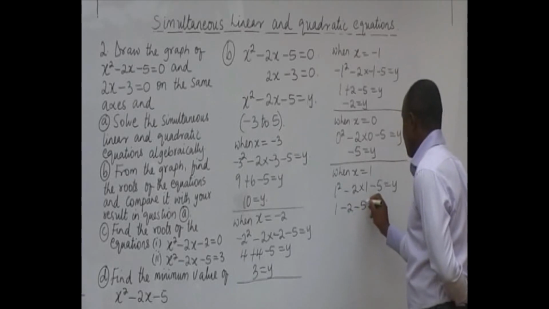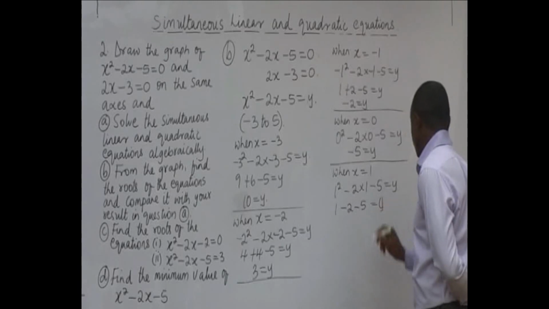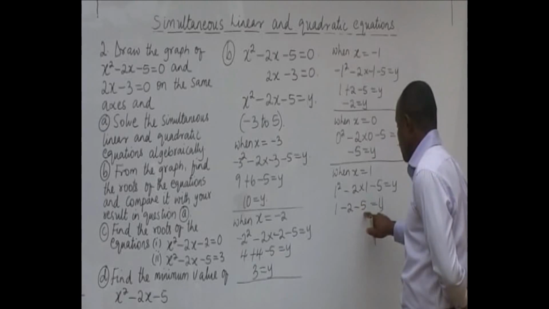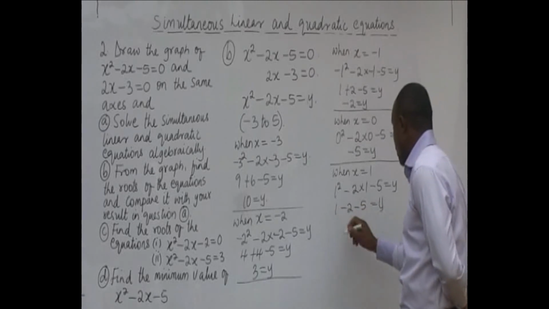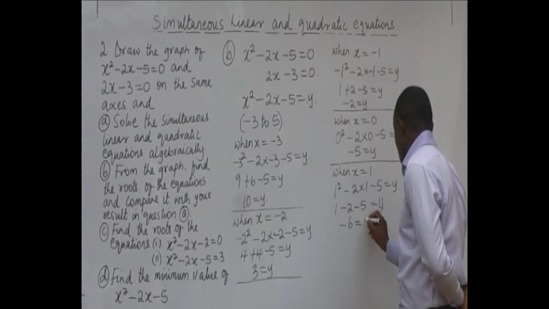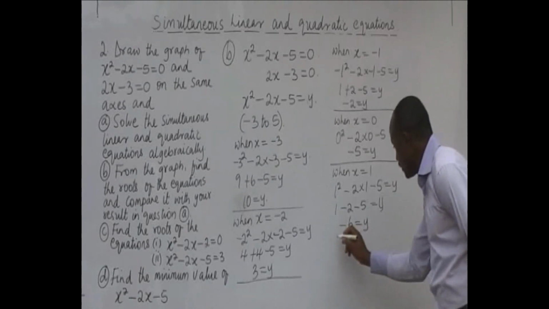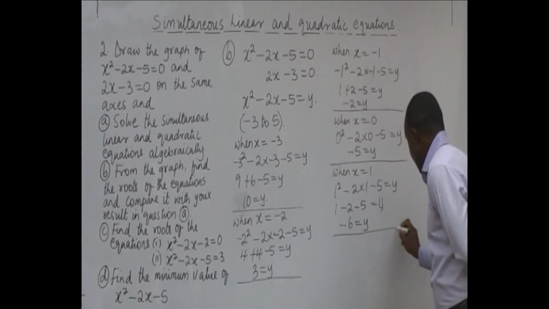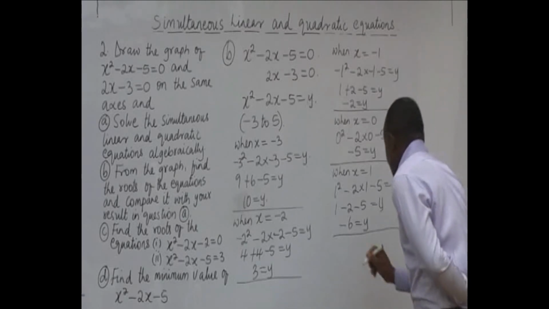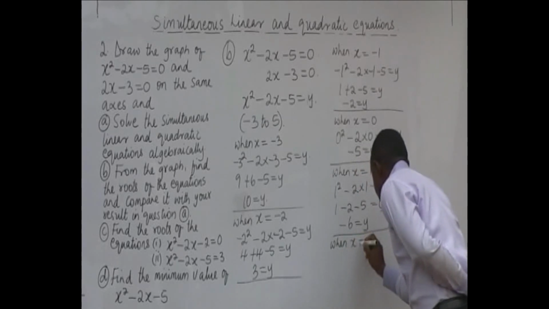Then minus 5 is equal to y. 1 minus 2 minus 5 will give you minus 6. So the value of y here is minus 6. The next is when x is 2.